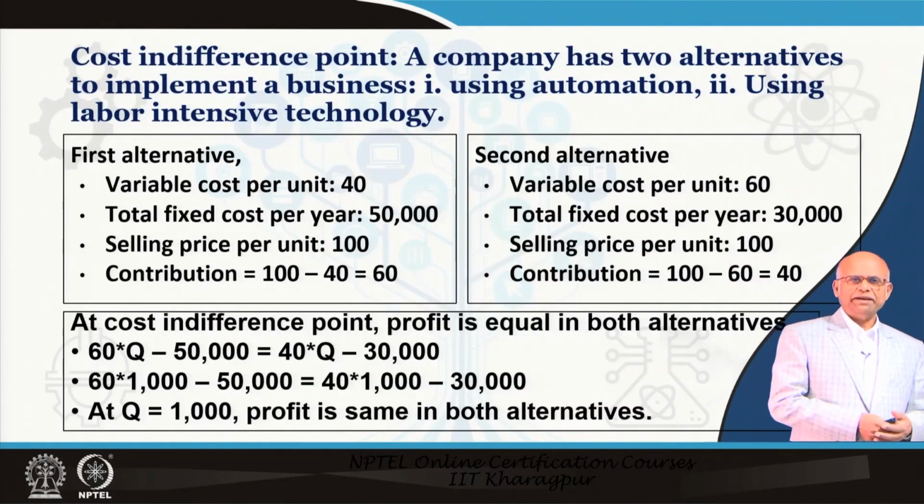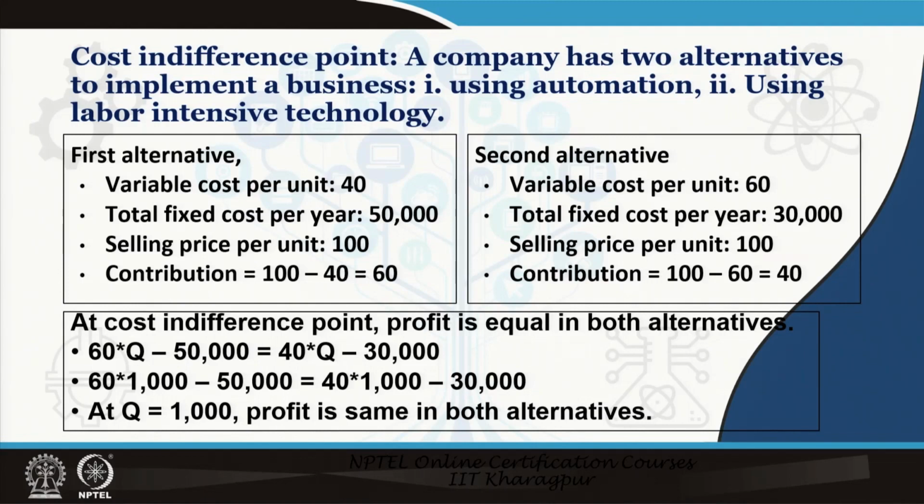Now, let us have an example of the cost indifference point. Suppose the same company has one alternative where the variable cost per unit is 40 rupees, and in the second alternative the variable cost is 60 rupees. Total fixed cost here is 50,000, there it is 30,000; they are different.